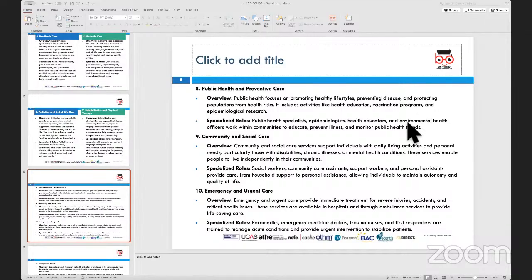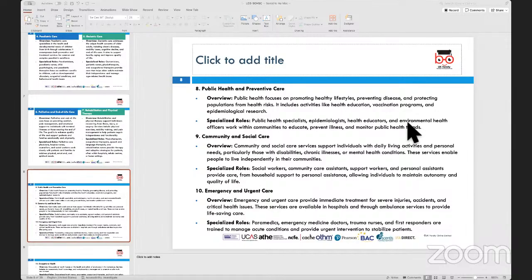So here we have social workers, community care assistants, support workers, personal assistants, who would come in and provide this care at your home or at your place of dwelling, which could be a care home or an old age home. And in such cases, the idea is to help improve the quality of life which the individual is living, so that they feel independent and are able to do most of their things on their own.